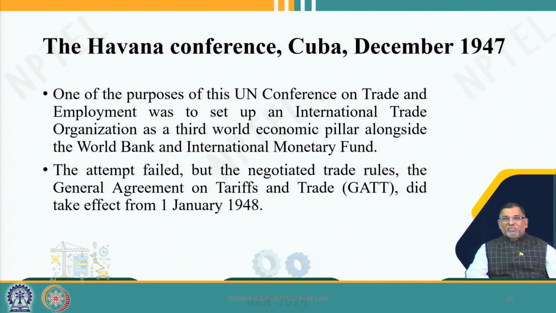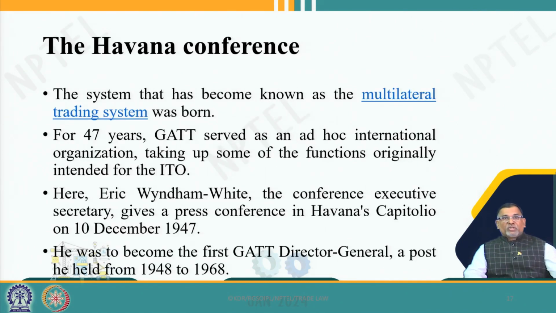The GATT was signed at that point of time by the countries in order to reduce tariffs. The GATT came into existence from 1948 onwards. So, from the Havana Conference came the emergence of the GATT, and the GATT ruled the international trading system for 47 years, up to 1995.